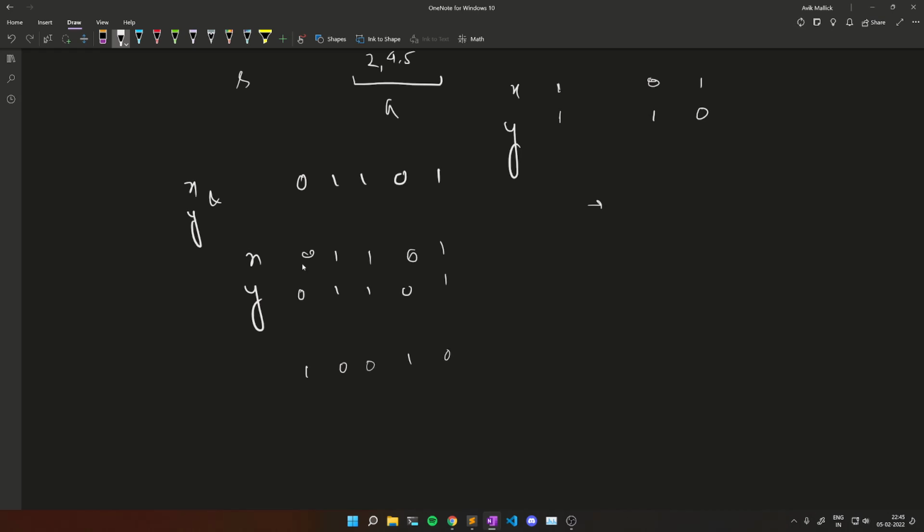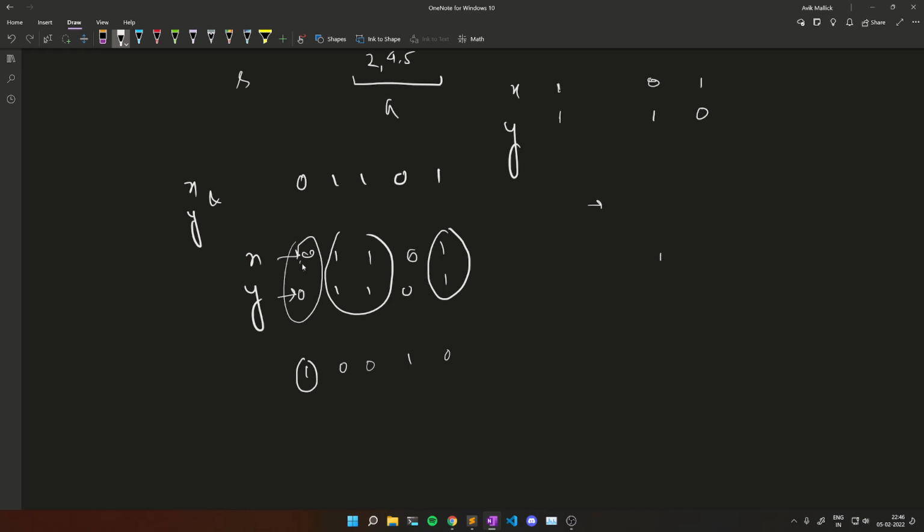Since this bit is set, these are the same set bits, so we don't have to think about these ones, but for the rest of the set bits, in these positions either x or y will have the set bit and the other won't. Because if both have the set bit, then in the result of the AND there will also be a set bit in that position. Since that bit is unset, either one of them is set, otherwise both of them are off.